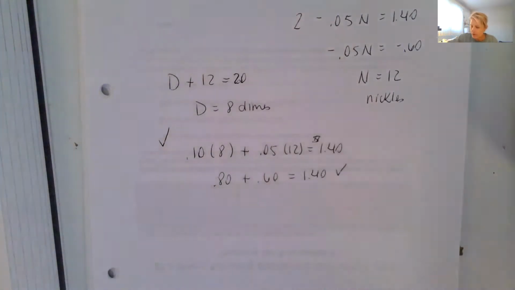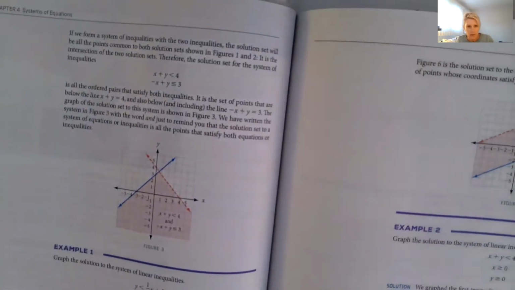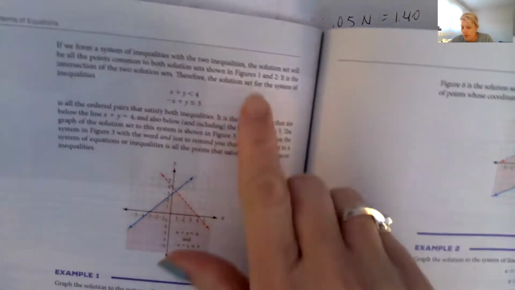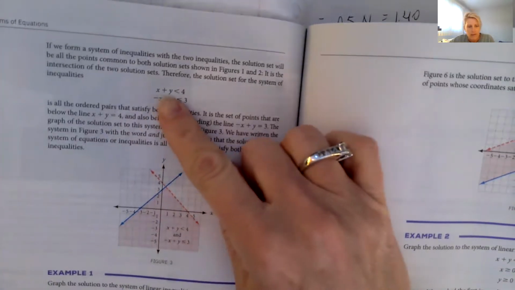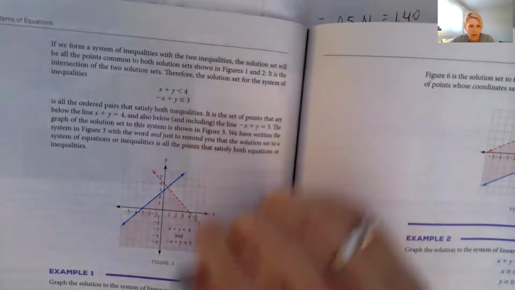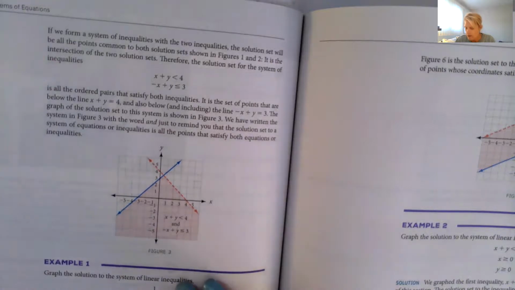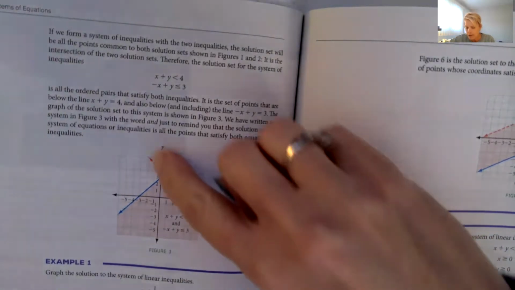But I will kind of just share with you a little bit about how you can use Desmos, which we did a lot in our inequalities anyway. So this example here on page 362 in 4.5, we have the equation x plus y less than 4. So if we graph x plus y equal to 4, that would be our red line right here.